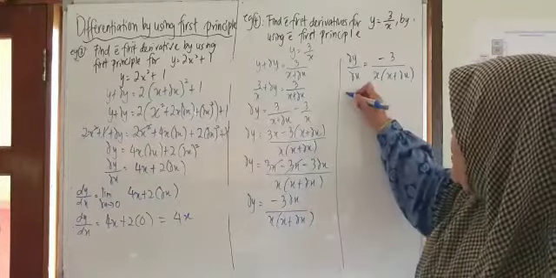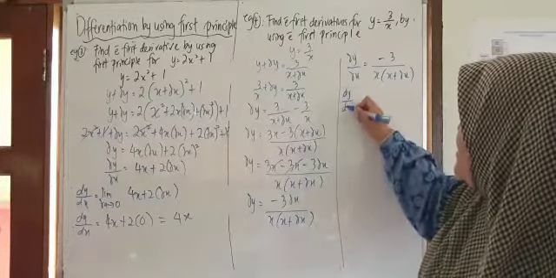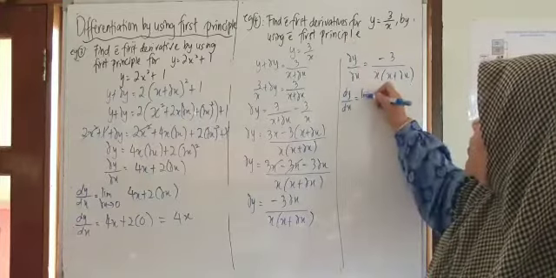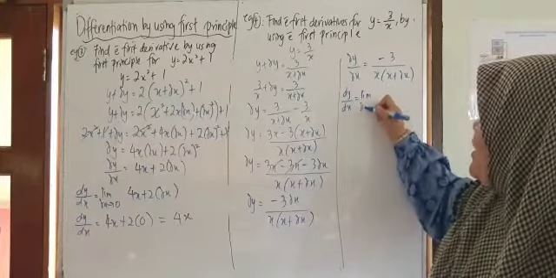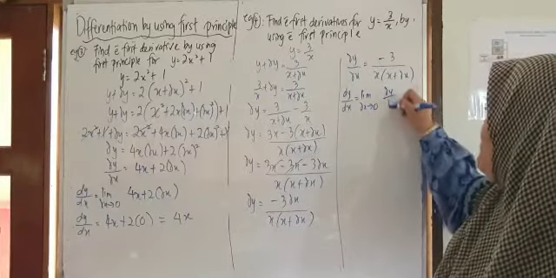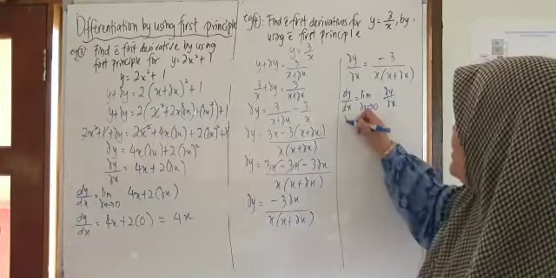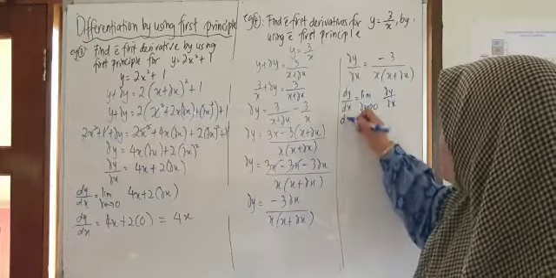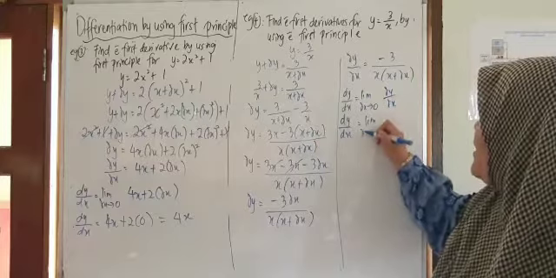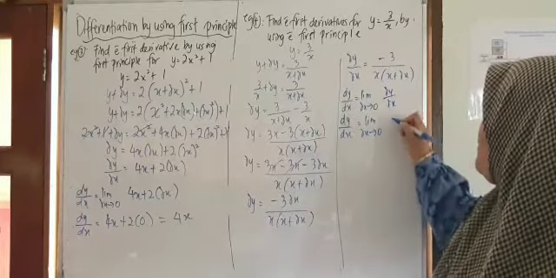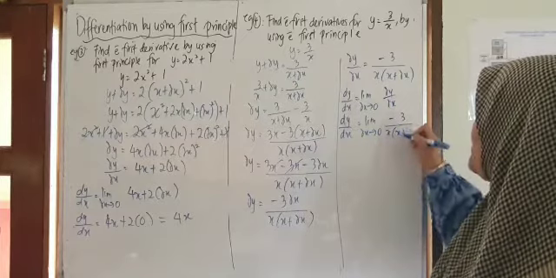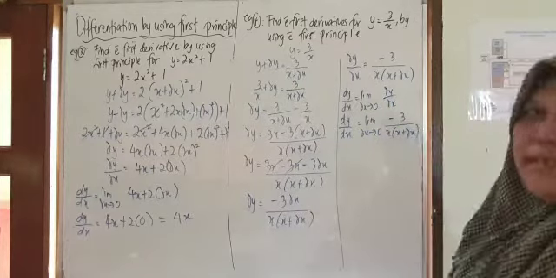So what is our dy/dx? dy/dx based on first principle is equal to the limit as delta x approaches 0 of delta y over delta x. So dy/dx is equal to the limit as delta x approaches 0 of negative 3 over x times x plus delta x.